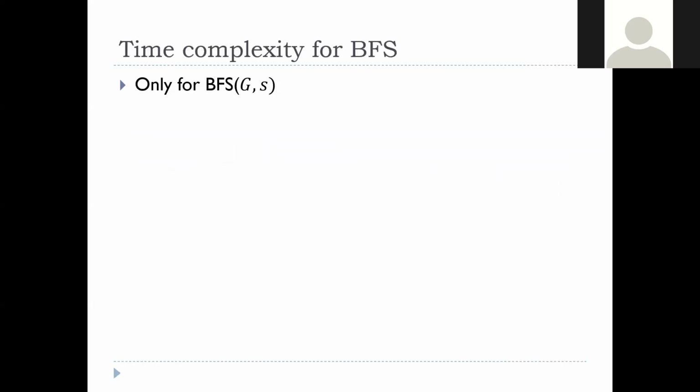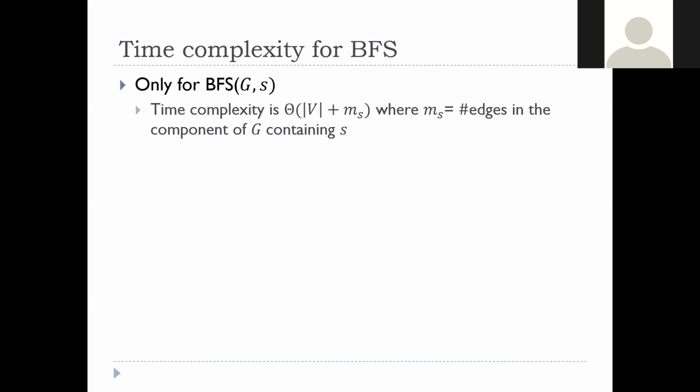Now what we just said is for the full BFS. For the BFS starting from a source node S, it's very easy to see, using the same argument, that the time complexity is V plus MS, which is the number of edges in the connected component of G containing S. This is for an undirected graph.